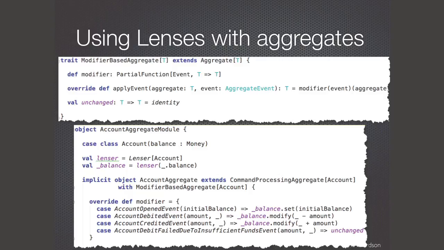I've also been experimenting with using lenses as well. That was just for fun, really. So apply event is defined to call this modify function that gives you a partial function from an event, which when you give it the aggregate will return the updated aggregate.